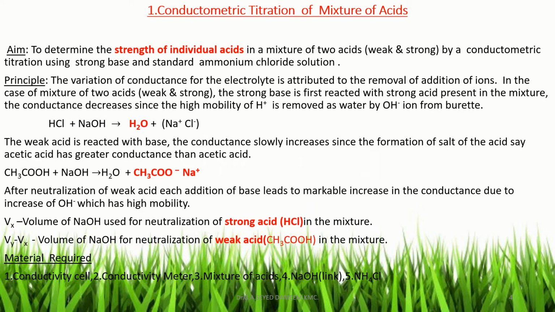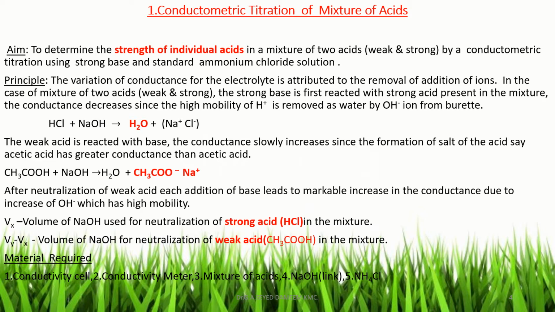So we get three straight lines, and on extrapolating these straight lines, we get two intersections. The first intersection corresponds to the amount of sodium hydroxide required to neutralize the HCl in the mixture, and the second intersection corresponds to the amount of sodium hydroxide required to neutralize both HCl and acetic acid. So from these two intersection points, there is a corresponding volume of sodium hydroxide, and we can calculate the strength of strong acid in the mixture, and we can calculate the strength of weak acid in the mixture.